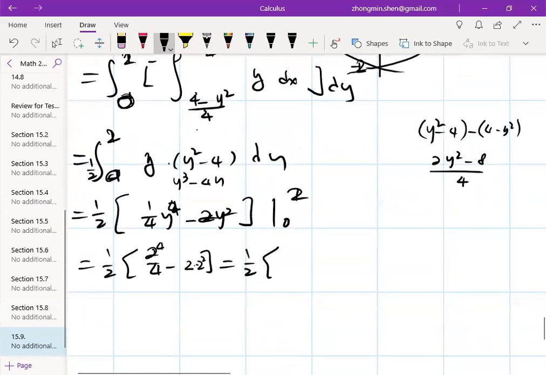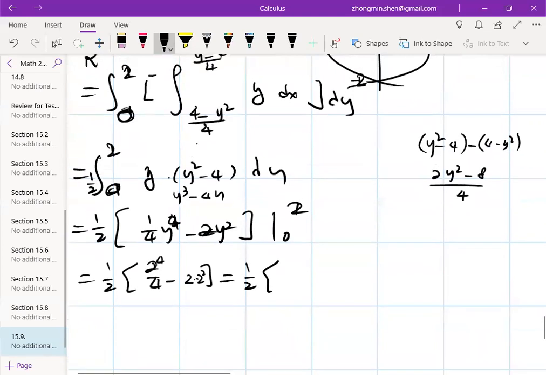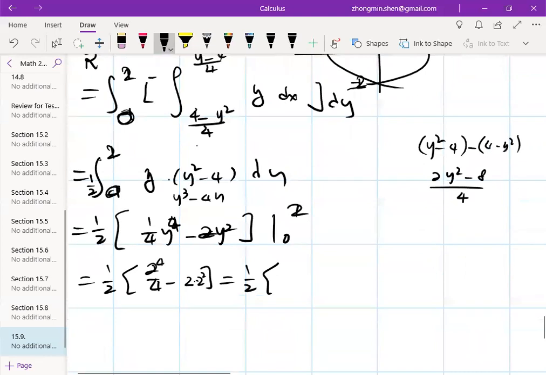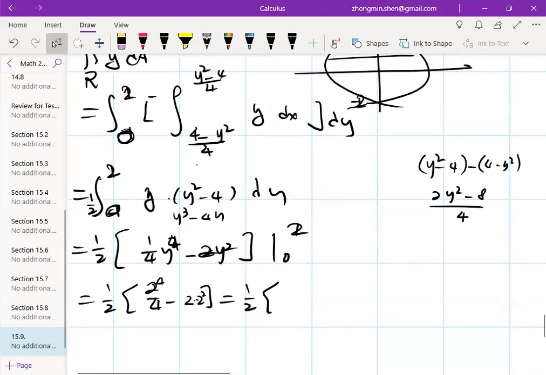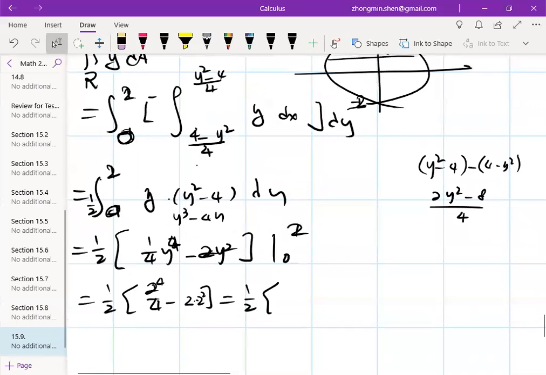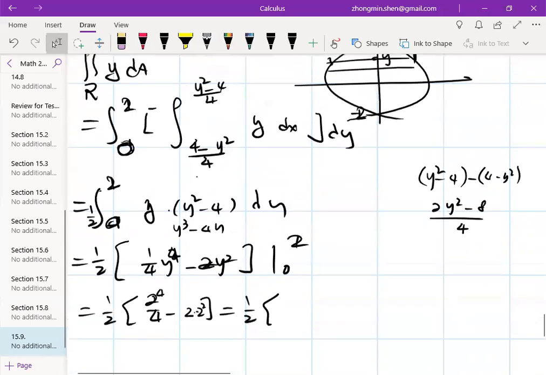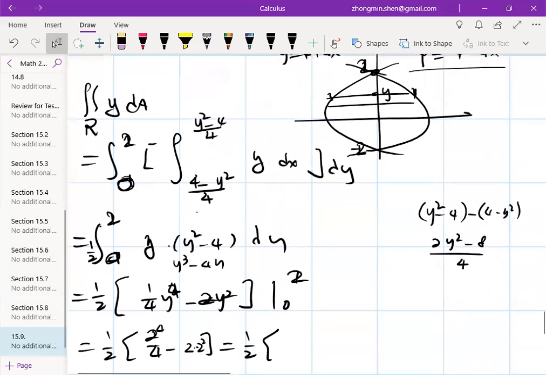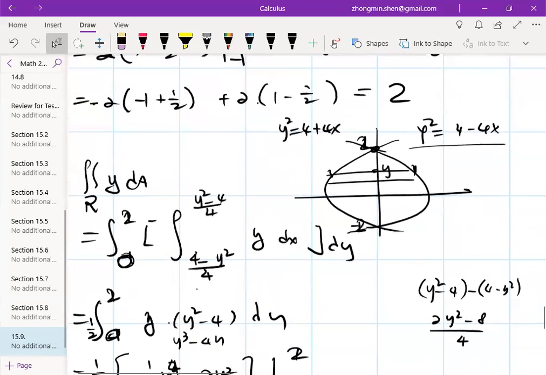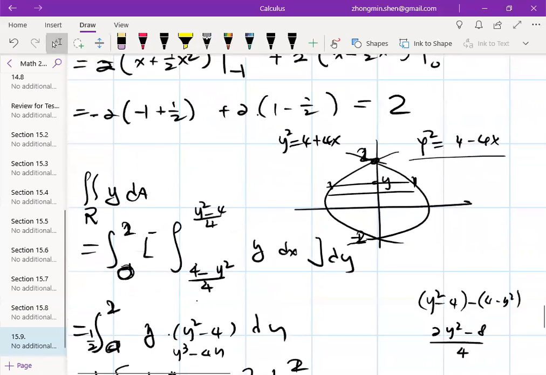The first part, I still have to check. There are some sign mistakes here. Let me double check this part.